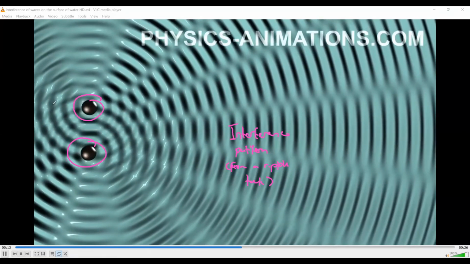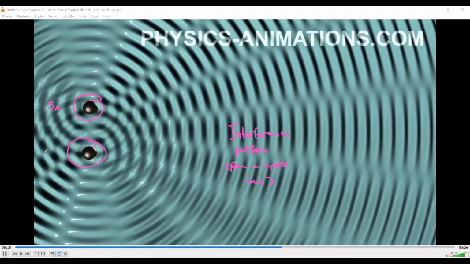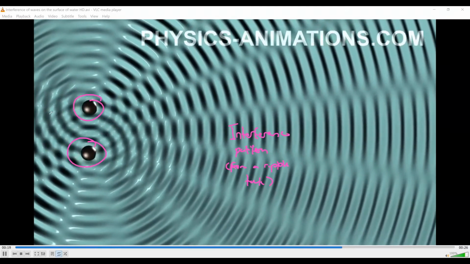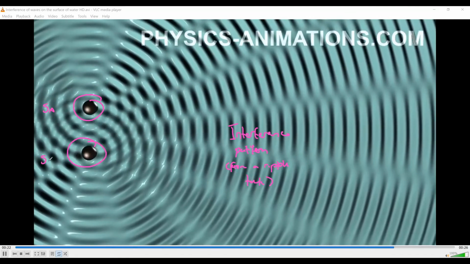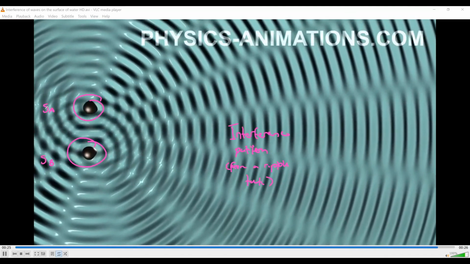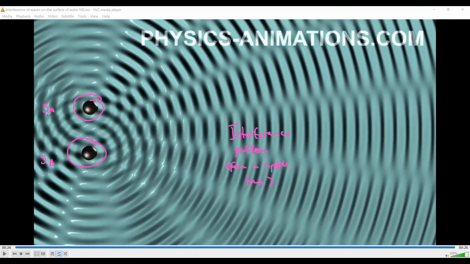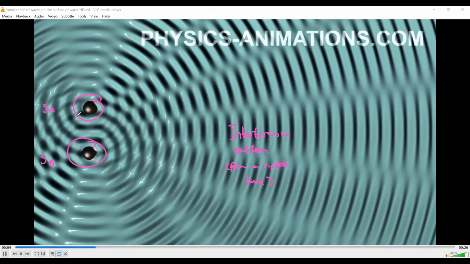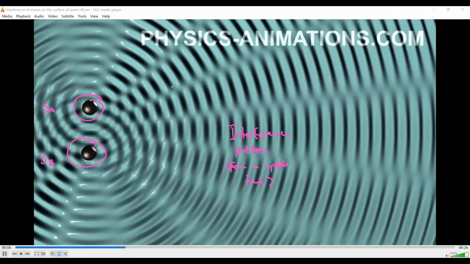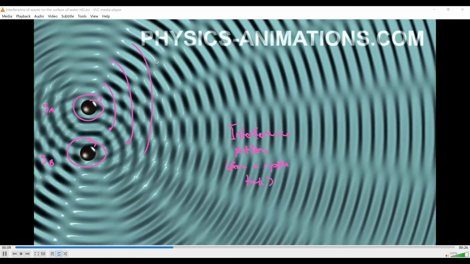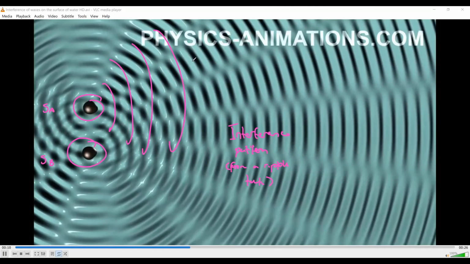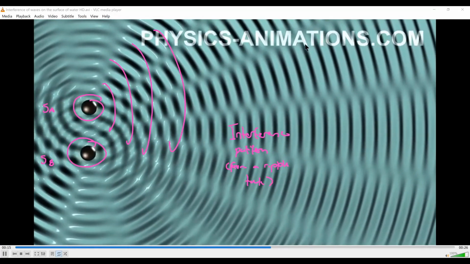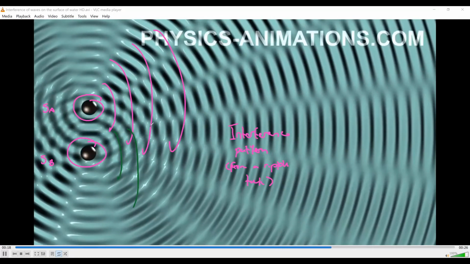This is dipper A, and this is dipper B. S here stands for source: source A, source B. The two dippers are moving up and down. The two dippers moving up and down will generate circular waves that will spread out. So source A will have waves that spread out like this, and source B will have waves that spread out like this.